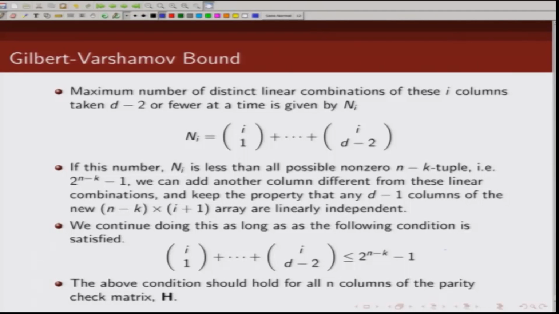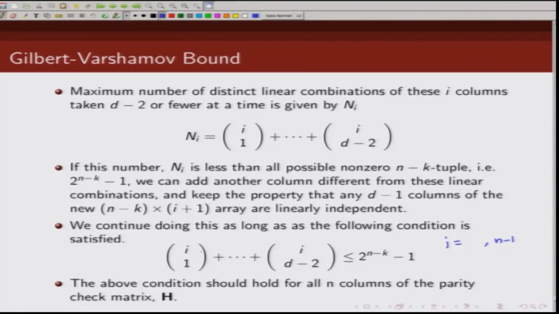This should hold for i equal to 1, 2, 3, 4, up to n minus 1. This condition should hold for n minus 1. Then I can add another column which will be the nth column, and still I would not have d minus 1 columns of this parity check matrix adding up to 0. So, this should hold for all i up to n minus 1.